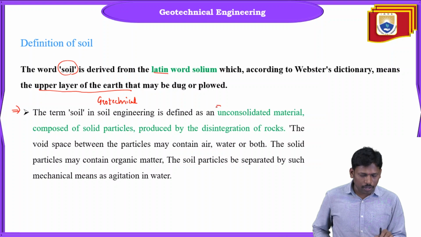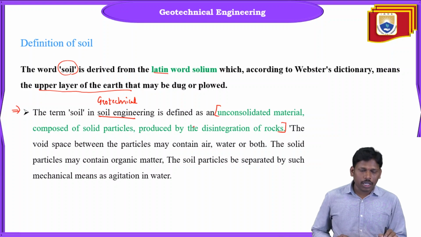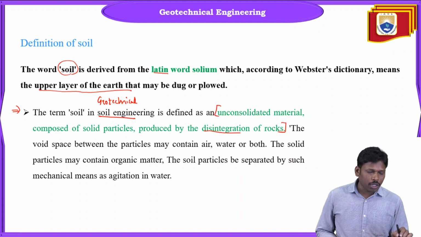So the definition given for soil from the geotechnical point of view is that soil is an unconsolidated material, not a consolidated one, composed of solid particles produced by the disintegration of rocks. Disintegration of rocks is nothing but what happens after weathering. Due to the weathering, the rock will disintegrate and then a new deposit will form. Whatever deposit we get from that process is related to soil.